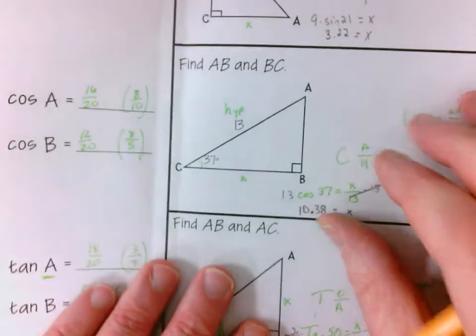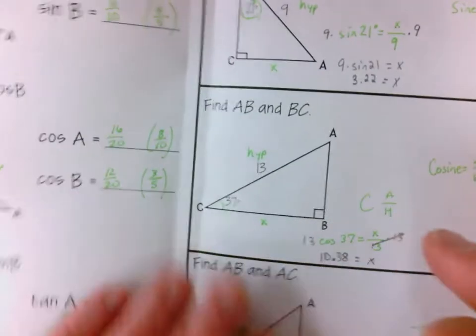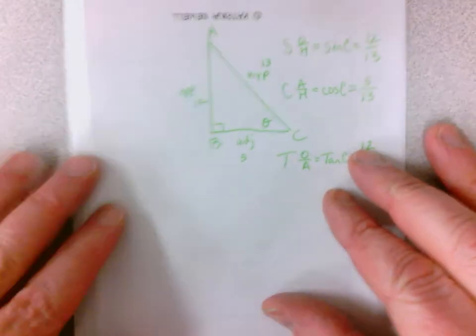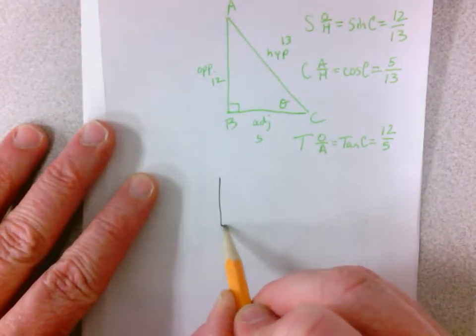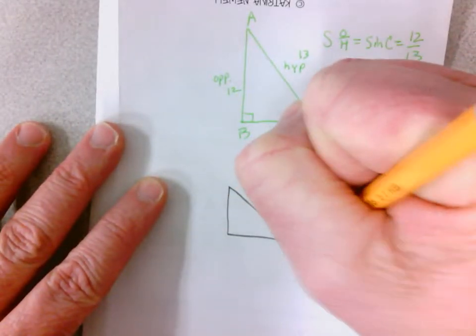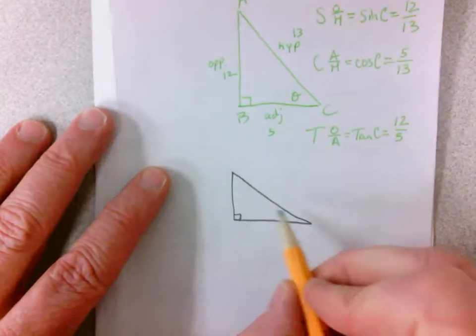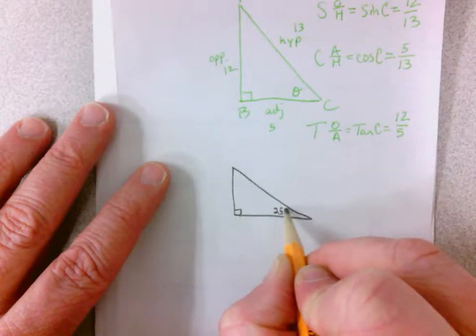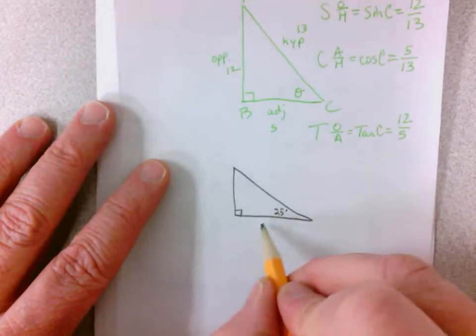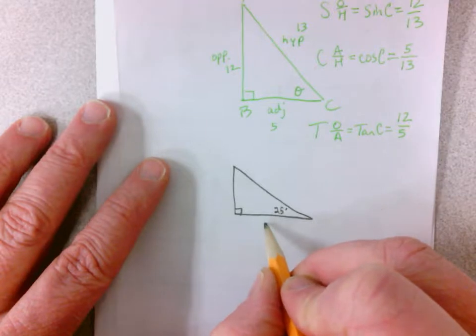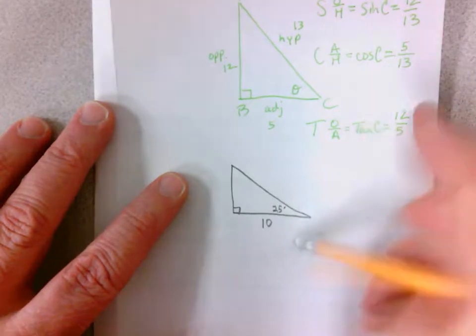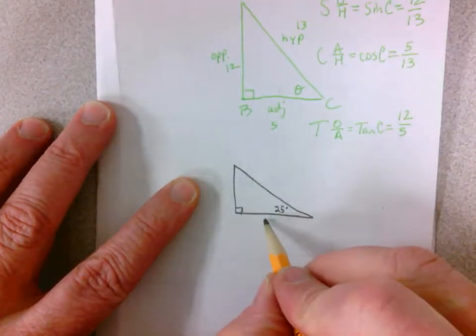Let's do one where we don't necessarily know the side we want to find. So the x is in the wrong place. If I have an angle here, let's call it 25, I'm going to call this x and call this 10.